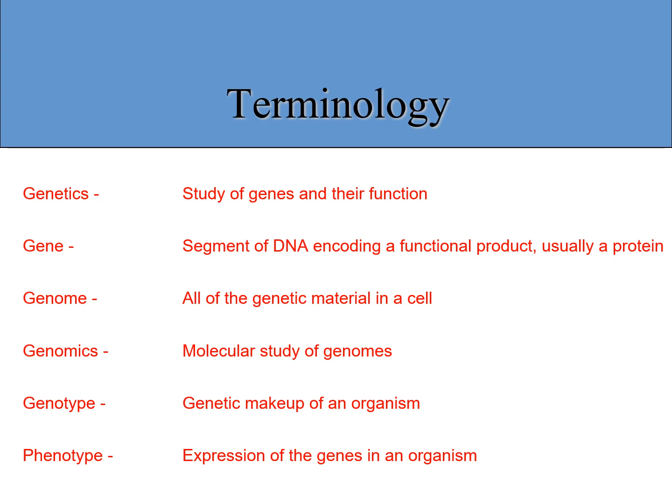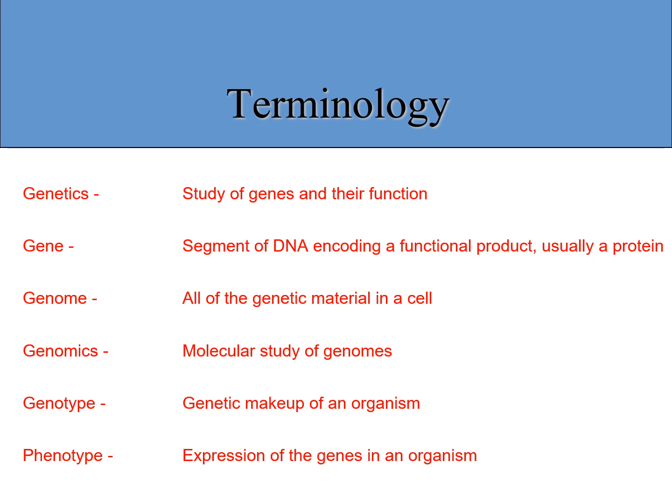The genome is all of the genetic material in a cell, and if it's a multicellular organism, each cell contains the whole genome, which would code for everything needed, all the information required for that particular organism to exist.